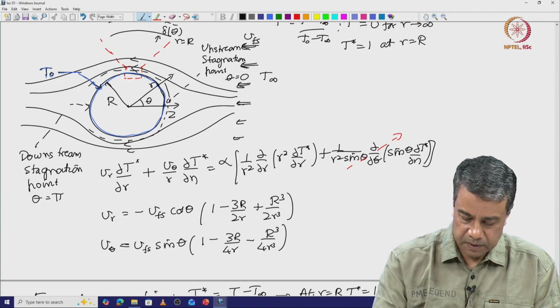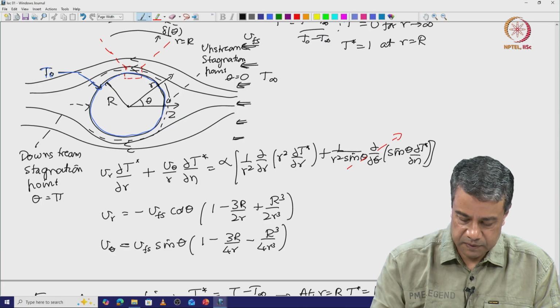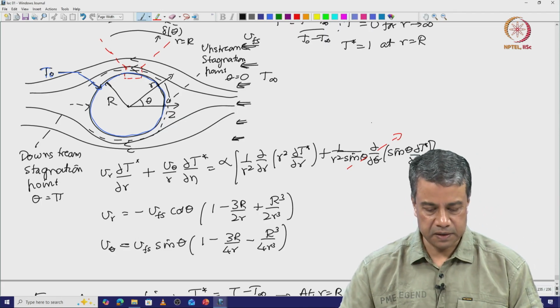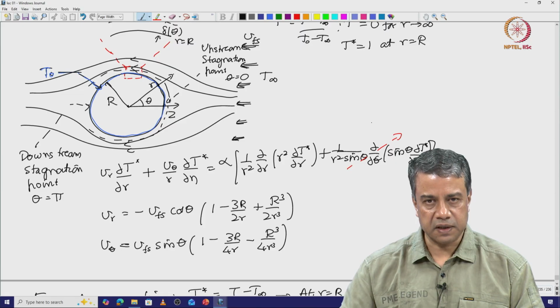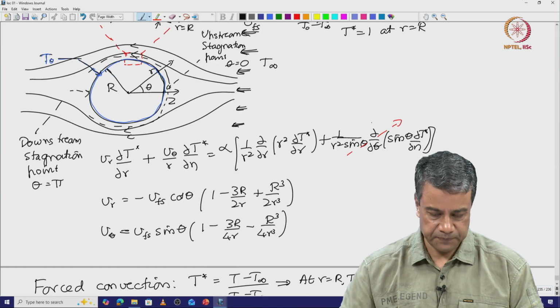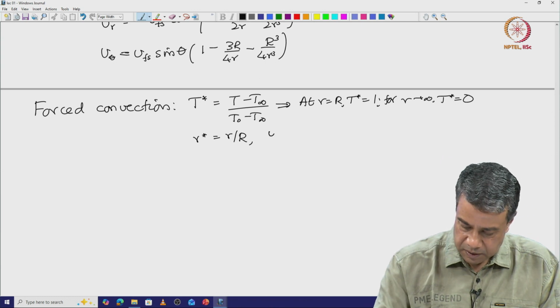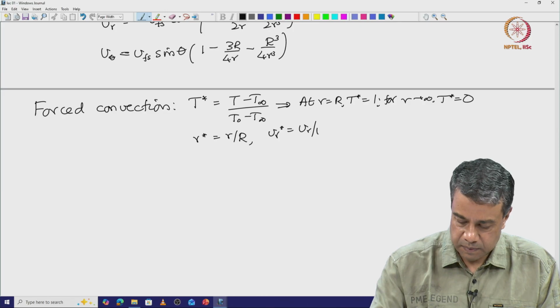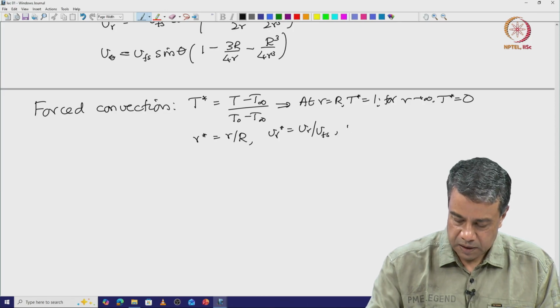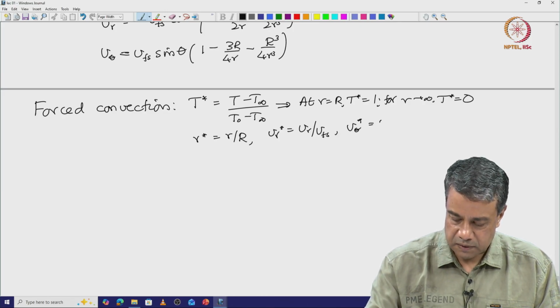So, let me define V r star equal to V r by V free stream, and V theta star equal to V theta by V free stream.